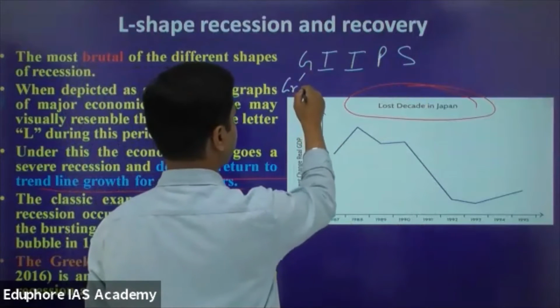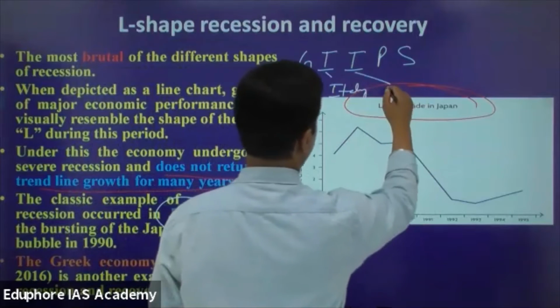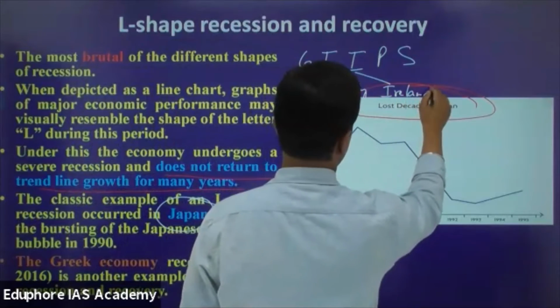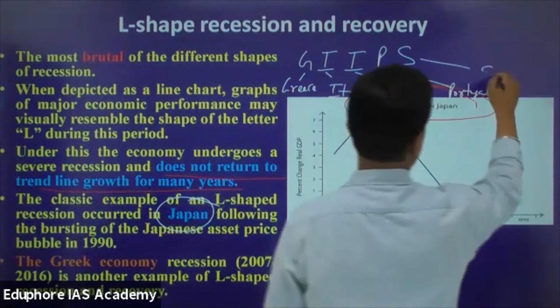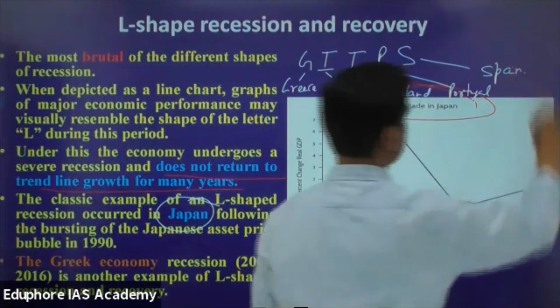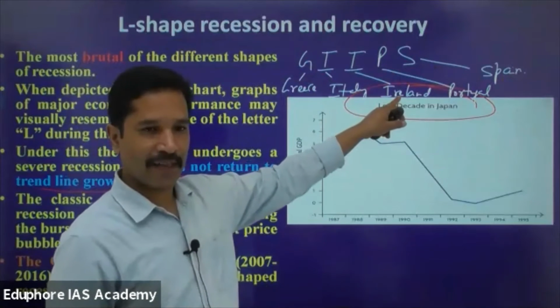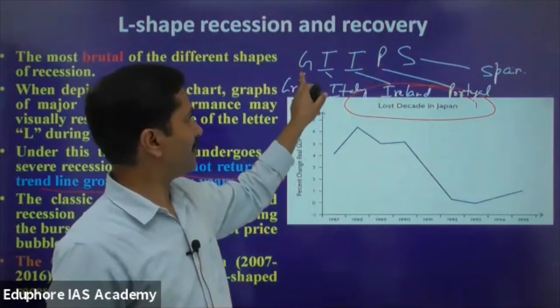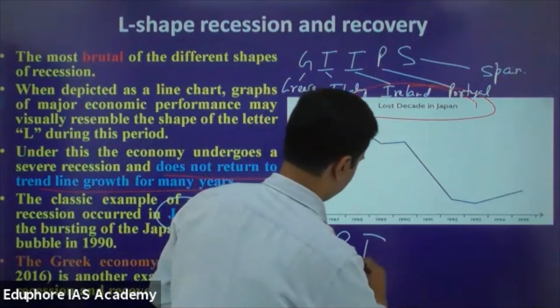G for Greece, I for Italy, I for Ireland, P for Portugal, S for Spain. Right? पहले आयरलैंड नहीं था, आयरलैंड ज्वाइन लेटर. पहले थे ग्रीस, इटली, पोर्टुगल, स्पेन. इनको पहले पिग्स कहा जाता था.